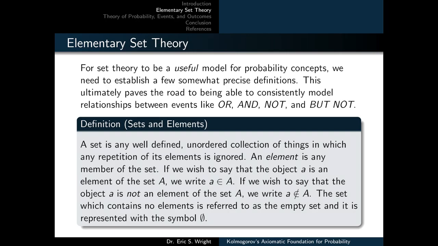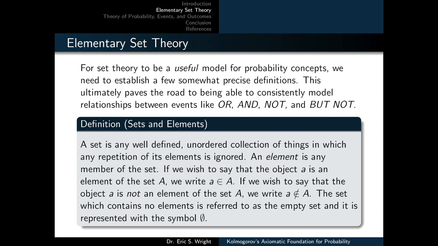If we wish to say that the object a is not an element of the set capital A, we write lowercase a is not an element of capital A, using the script E with a line through it to represent the not an element of relationship. The set which contains no elements is referred to as the empty set, and it is represented using a 0 symbol with a line through it.